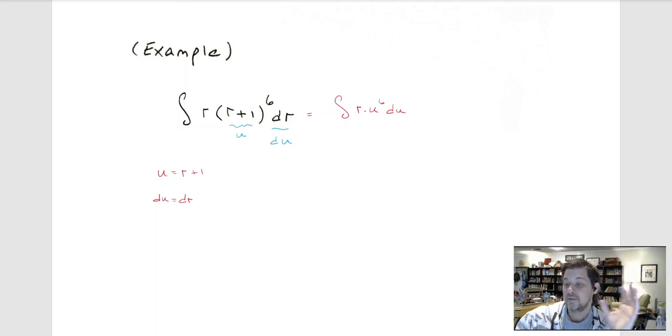All right? Here's the reason. When it comes to doing math, we either solve this problem with the variable r, and if we don't like it that way, then we can substitute another variable in and solve it in terms of that other variable u. But a mixture of both is not going to work. Okay?